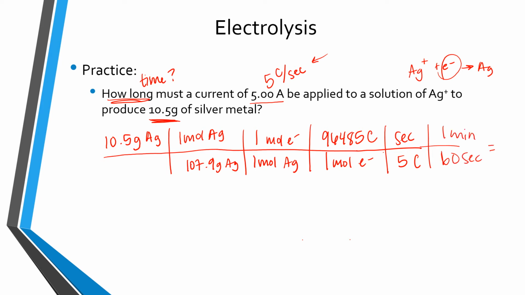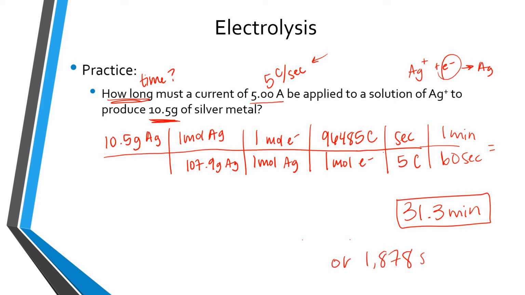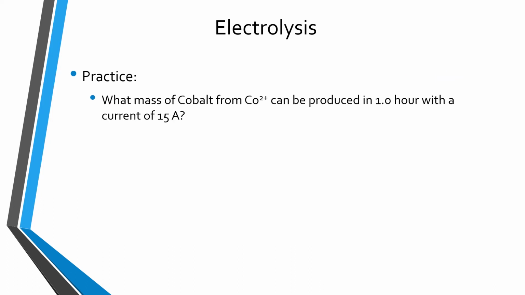And when you do that, you get 31.3 minutes. But it did not specify, so if you answered 1,878 seconds, that would not be incorrect. So this time we went from mass to time.